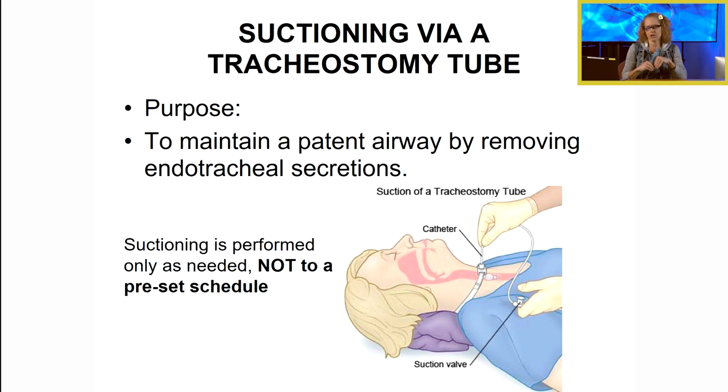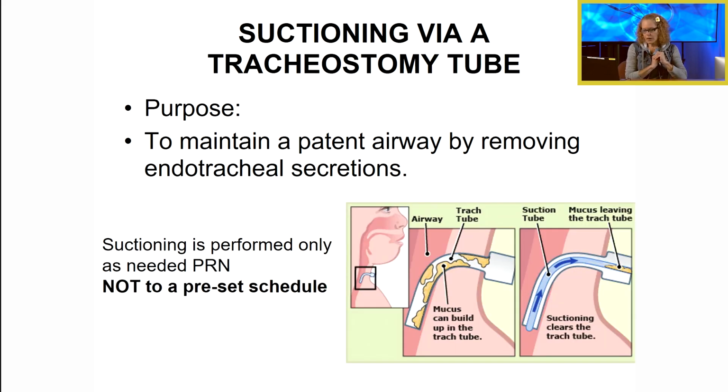You will only suction a trach based on your assessment of the patient, meaning that maybe their SpO2 has dropped, maybe you're hearing a lot of adventitious lung sounds, maybe the patient's respirations have increased, right? So you're assessing your patient, you're identifying that there may be a reason why they're not getting airway circulation of air, and that you need to then make the decision to go in and do some tracheostomy suctioning.